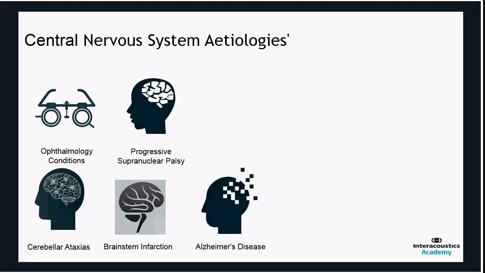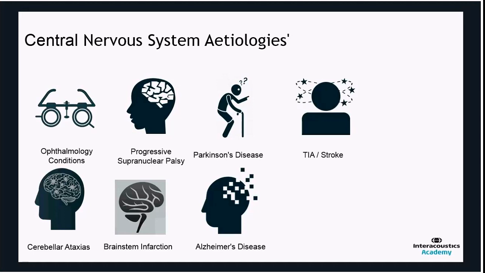Alzheimer's disease and the progressive nature of that condition does often change some of the central nervous system function over time, and dizziness, imbalance, falls, and coordination problems can often be presented in our clinic, and looking at the eye movements gives us some insight of where the changes in the central nervous system may be taking place. Along with other degenerative conditions such as Parkinson's disease, neurological changes such as transient ischemic attacks and stroke.